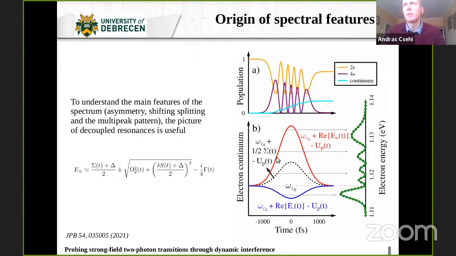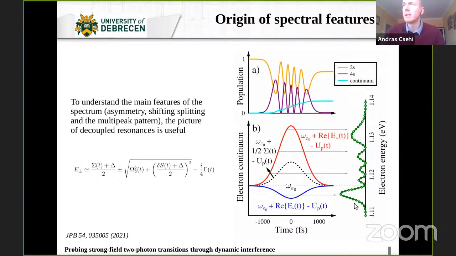As we see, these two energies repel each other as the pulse is switched on, and when the pulse has a maximum, they are farthest apart from each other, so the electrons emitted during the action of the pulse are distributed in a wide energy window.